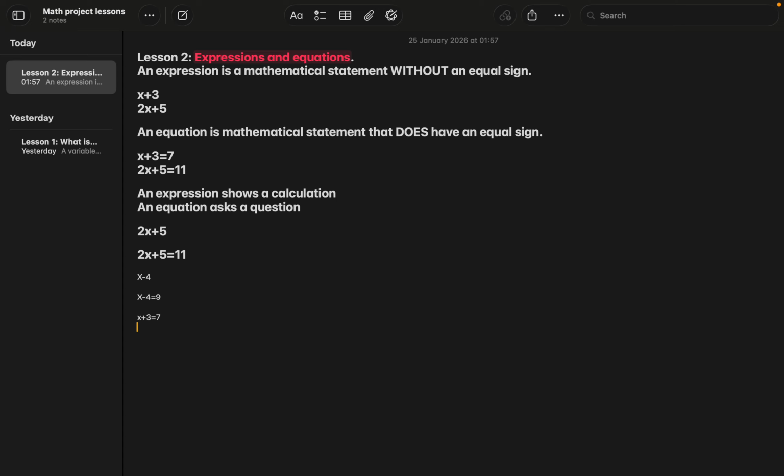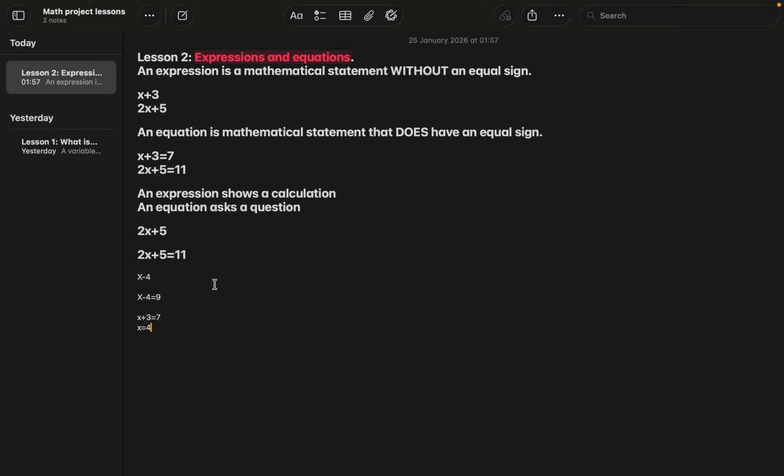Oh yeah, that number is 4. So the solution is x equals 4. But notice something important. Before solving, x plus 3 was just an expression. After adding equals 7, it became an equation. So expressions often become equations when we add an equal sign.